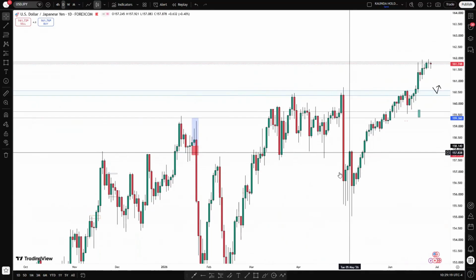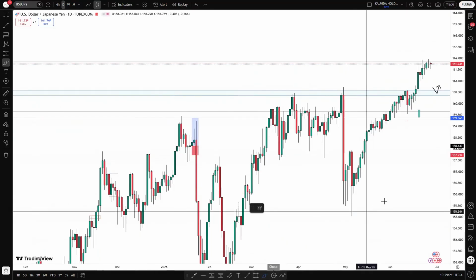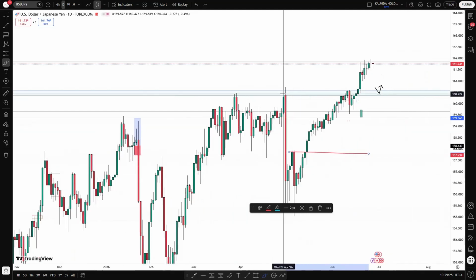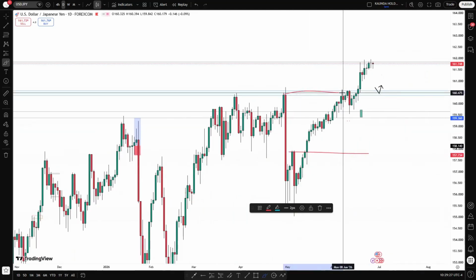Once price shifted at this level, I even told you that from this point we expect price to buy all the way up to this level.